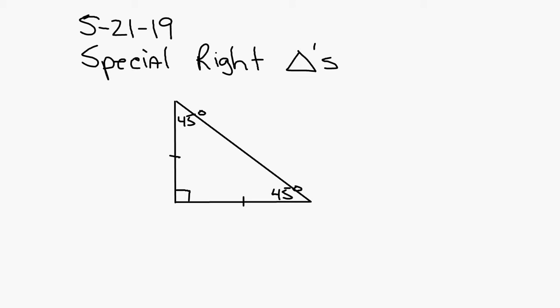If this length is x units long, then the length of the other leg is x units long. And in a right triangle with two congruent sides, if a leg is x units long, then the hypotenuse is x times the square root of 2 units long.